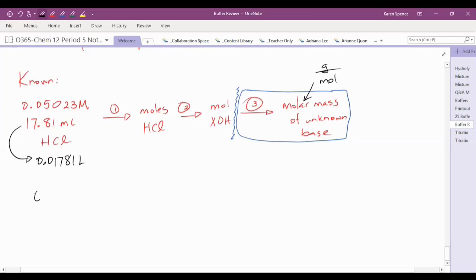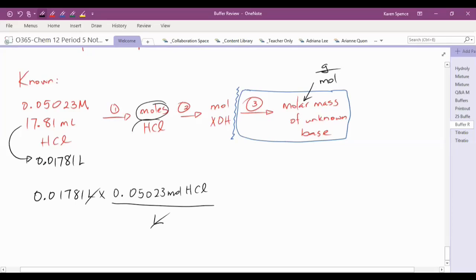So we have 0.01781 liters times 0.05023 moles of HCl per liter. Our liters will cancel, and we will have found the moles of HCl, and so step 1 has been completed.